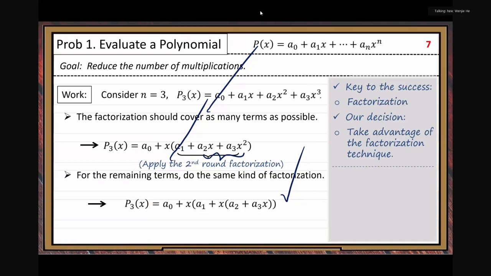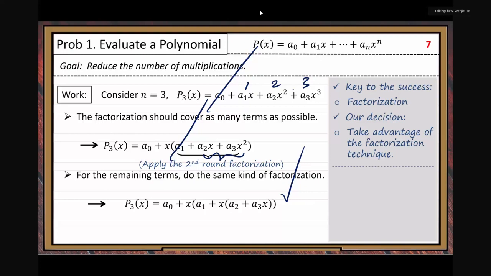Now, let's count the number of multiplications we can save in this restructured cubic polynomial. Before restructuring, how many multiplications do we need to calculate that cubic polynomial? Do the counting. 1, 2, 3, adding up, 6. Before restructuring, you need 6 multiplications.